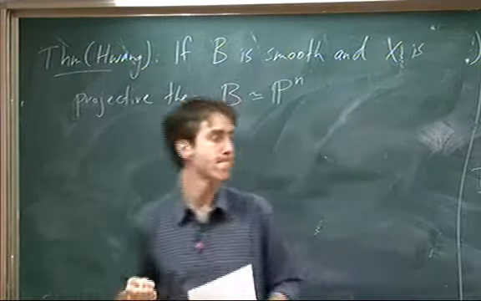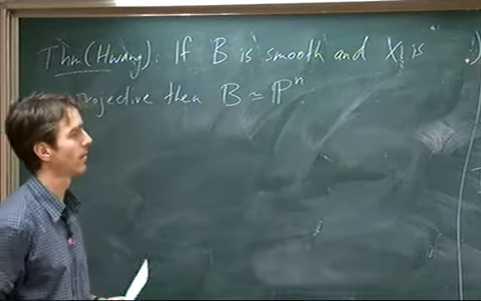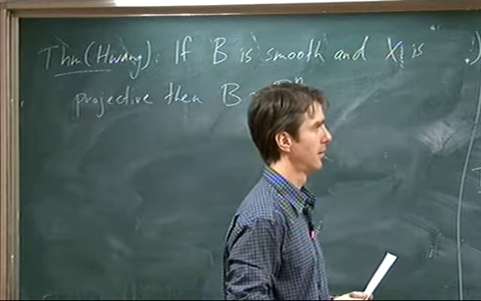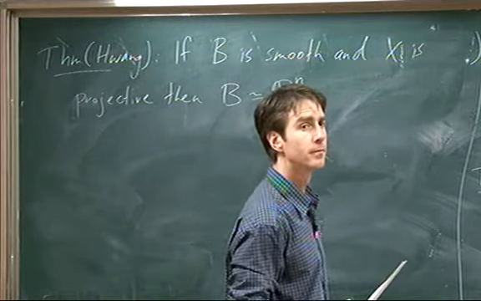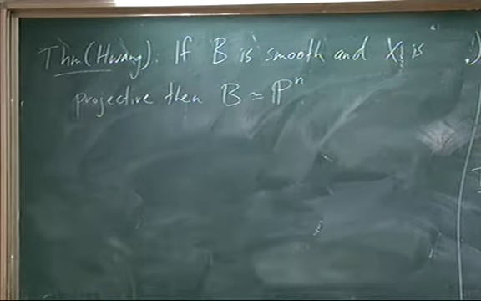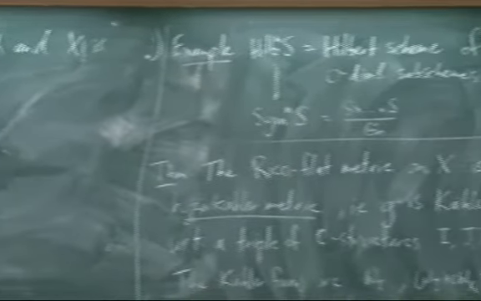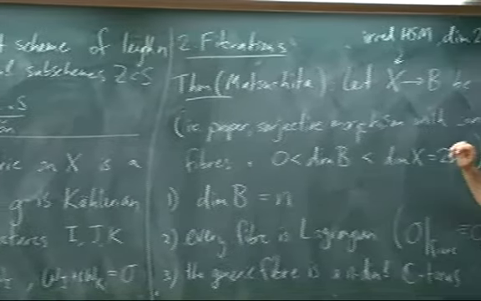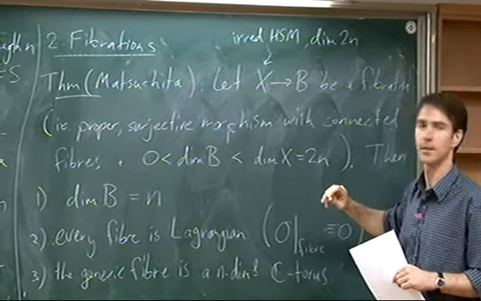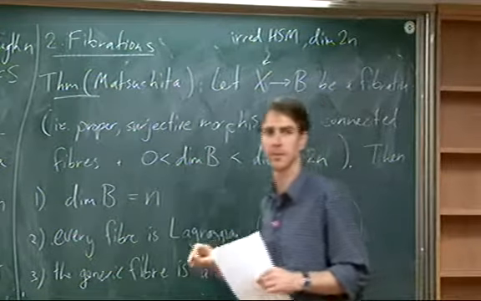The theorem says that if you have a map from an irreducible holomorphic symplectic manifold X to B, and B does not have any condition, I mean, you just have a map. Well, no, this is a surjective morphism of complex spaces. And then it also restricts the dimension of the base space. Right, yeah. That's very strong.